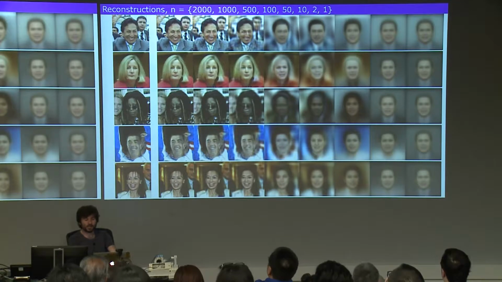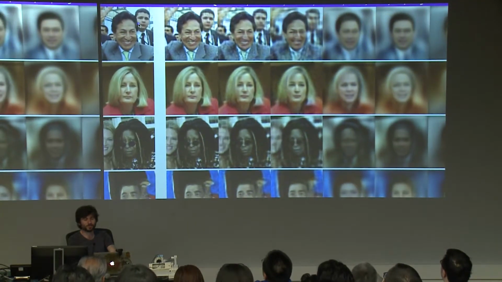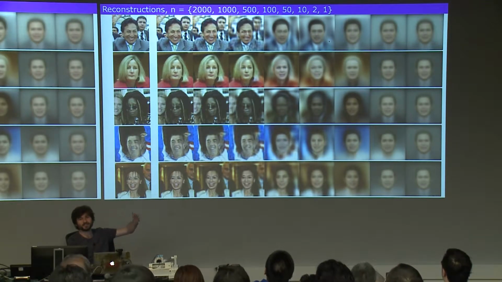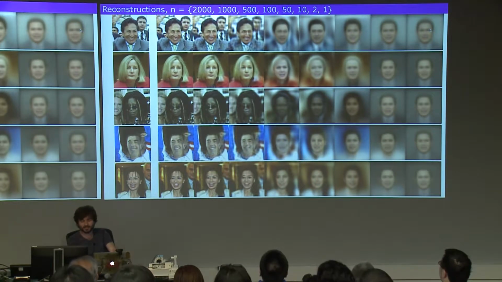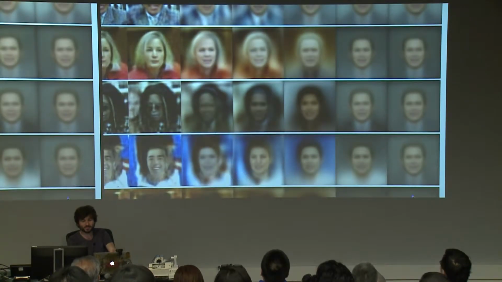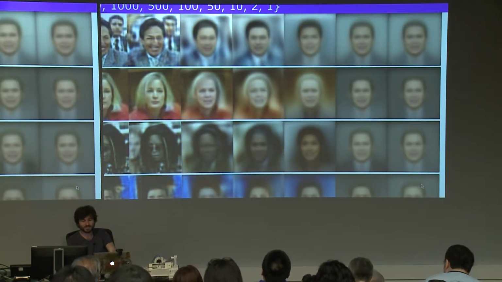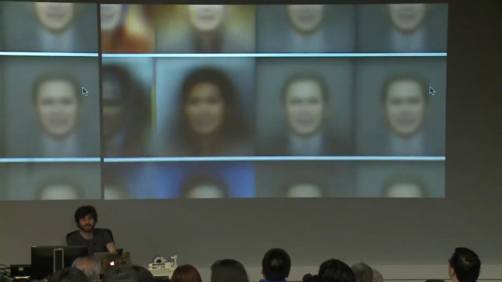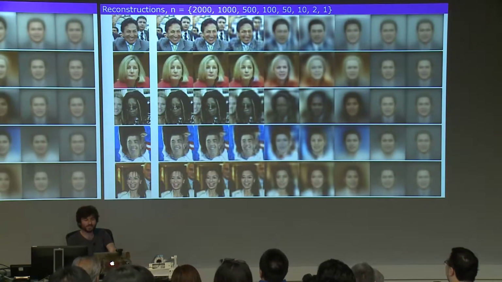So this happens no matter what face you select in the data set. You run this process and you progressively take away as many of the columns as possible, all roads lead to George W. Bush, basically. So, why does it look like this and not more like any of these faces?